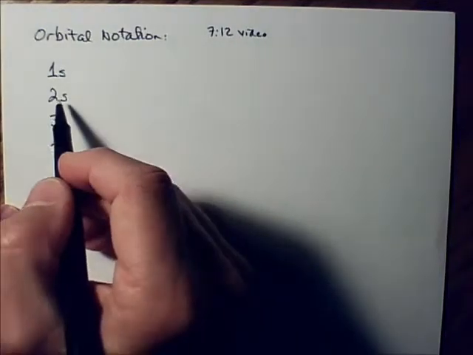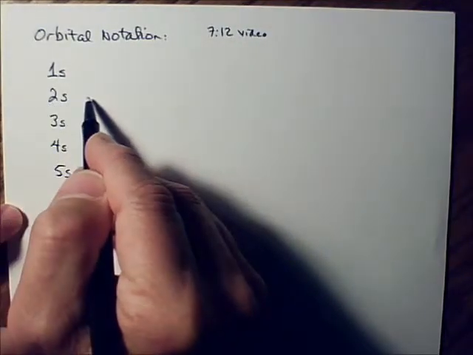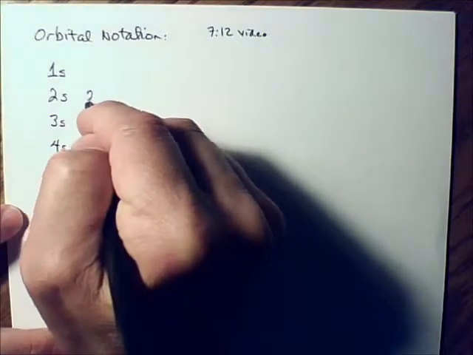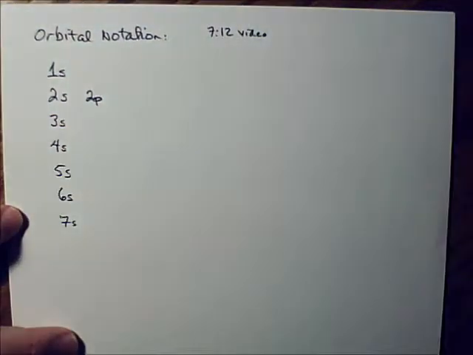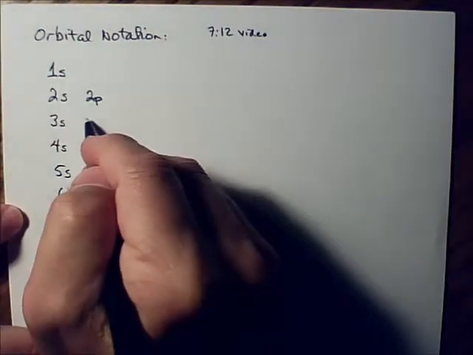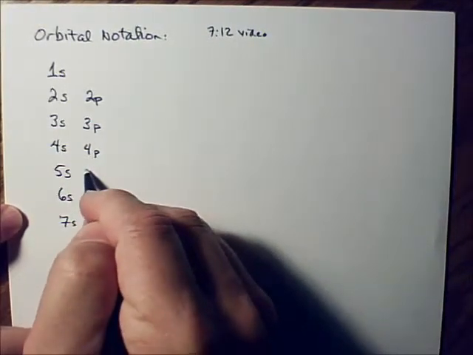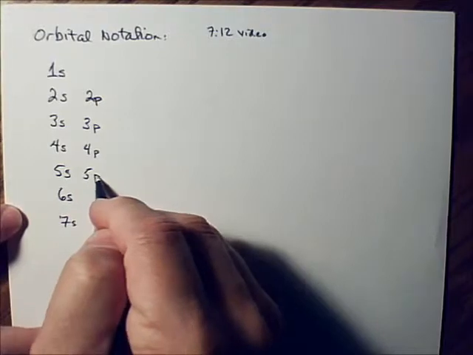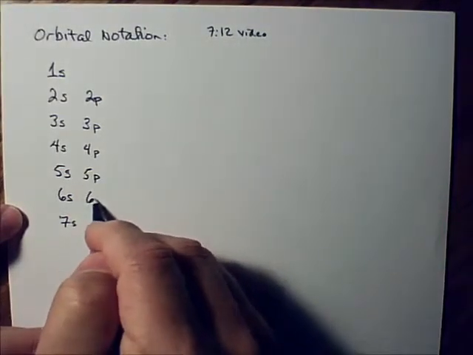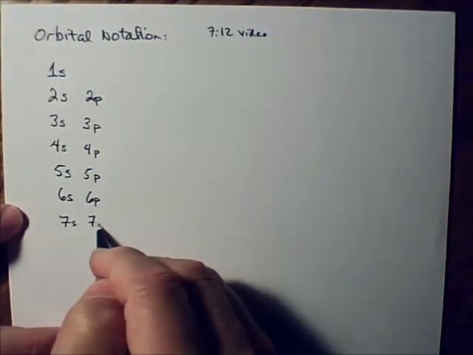Now then, right next to 2s, I want you to write 2p. Leave a little space there and write 2p. And under that is 3p, and 4p, and 5p, and 6p, and 7p.